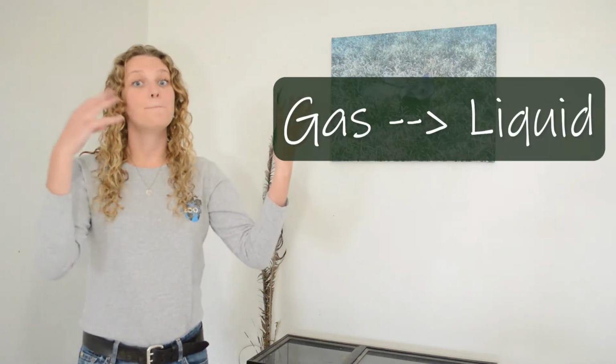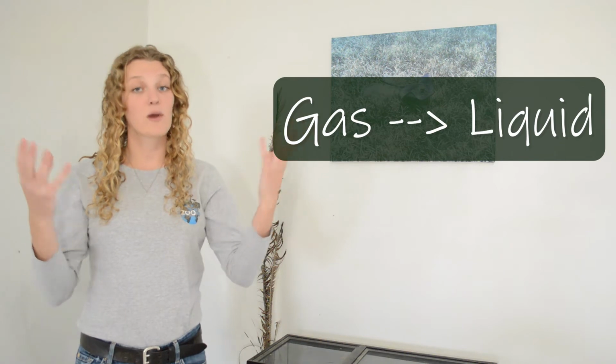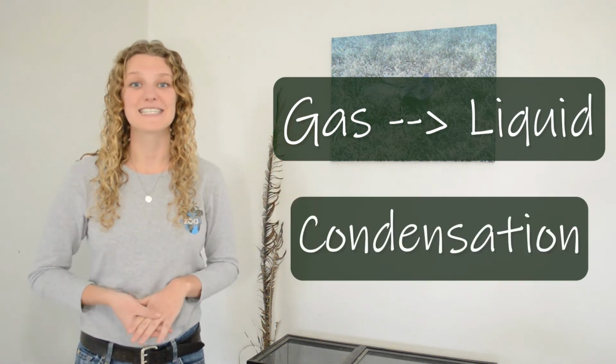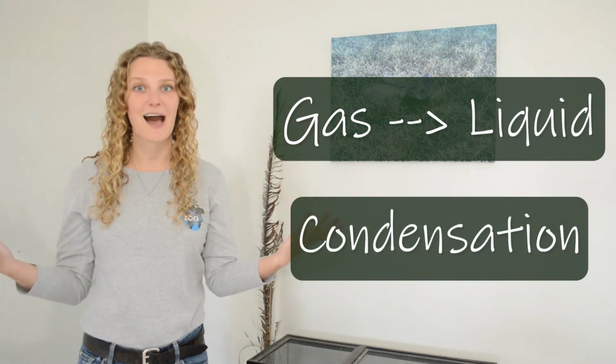After enough time has passed and water vapor is collecting and collecting in the clouds, it can get heavier, and eventually it turns back into liquid water and falls from the sky. So when it's in the clouds and it's changing from water vapor back into a liquid, we call that process condensation, and that usually happens up in the clouds.